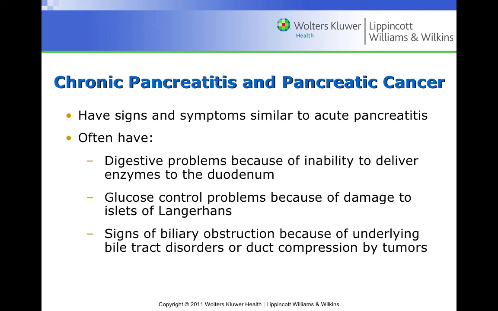When we're talking about pancreatic cancer, this is one of the most deadly cancers that exists today. Only 4% of the population that gets pancreatic cancer has a 5-year survival rate.